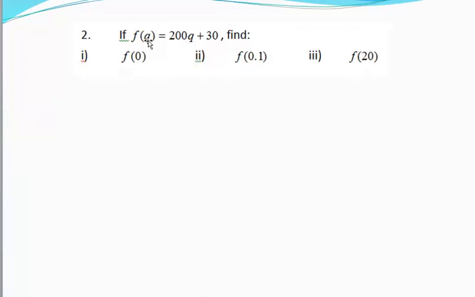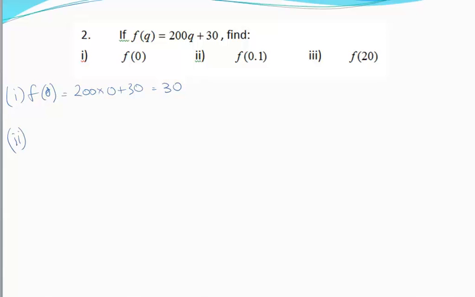So now we have our function of q is 200 times q plus 30. For 1, when our q is equal to 0, 200 multiplied by 0 plus 30 is just equal to 30.